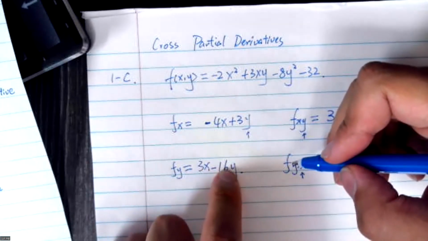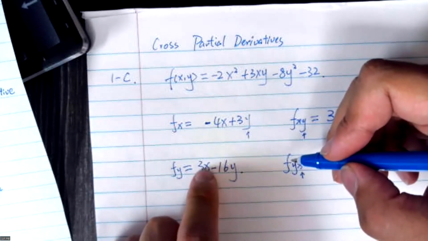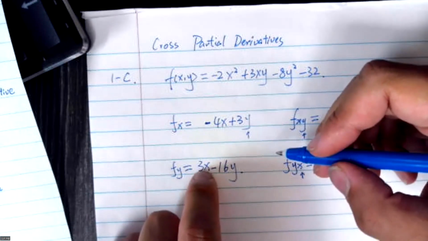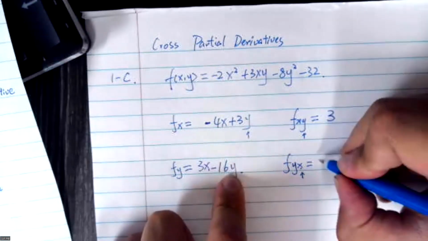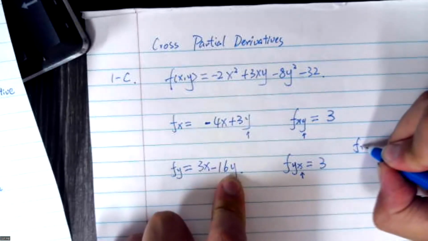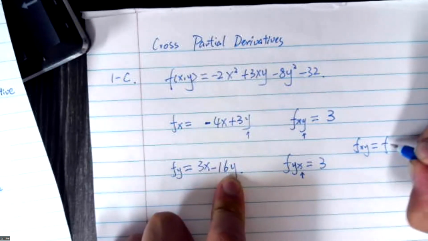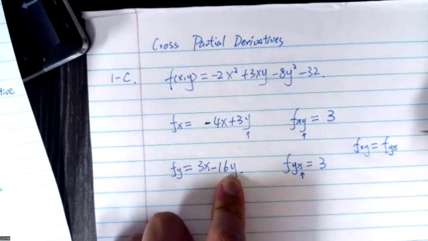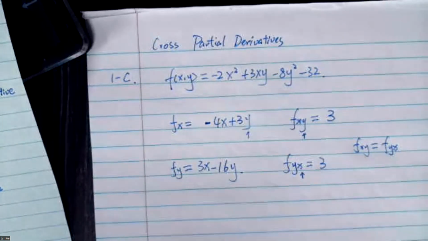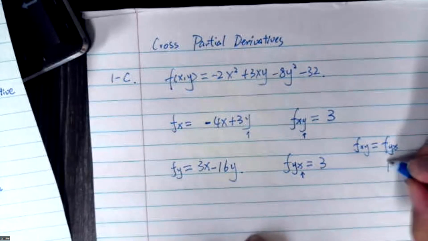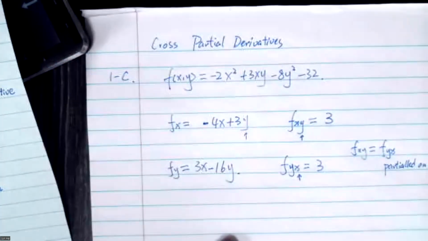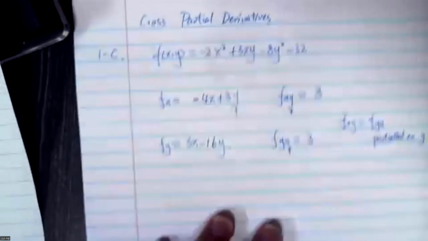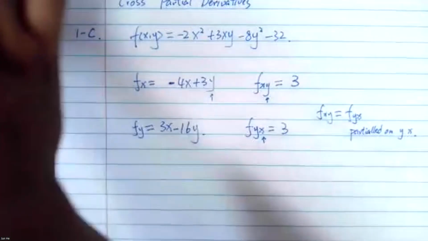So minus 16 times y is a constant. The derivative of 3x minus a constant is 3. And here, as you can see, f x y equals f partial on y x. All right, so this is the first one.